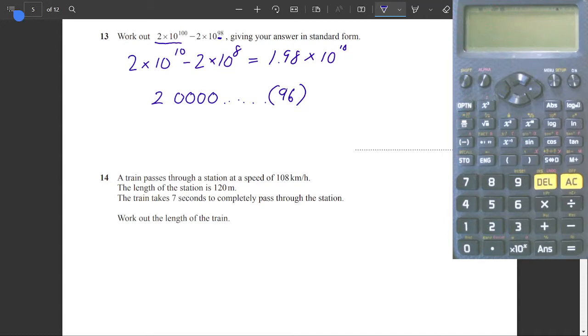That means it's 2 spots smaller. So where this one has 100 zeros, this one's 2 is going to start here, and it's going to have 98 zeros. So if I put 2 zeros here, I still have 96 zeros left. So I've now lined up the place value of those two numbers perfectly.